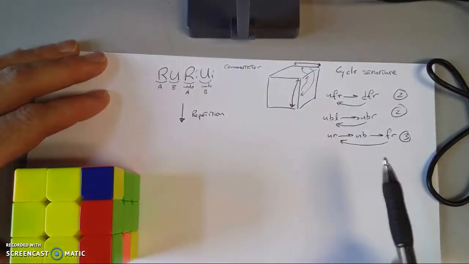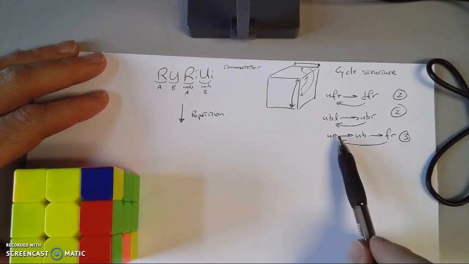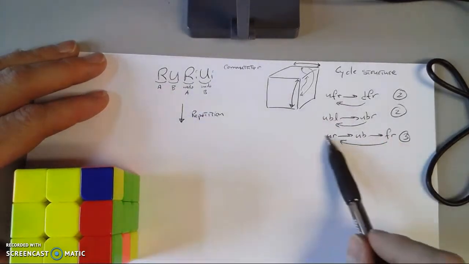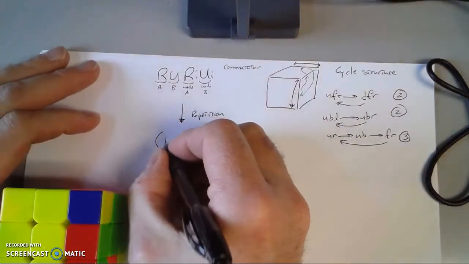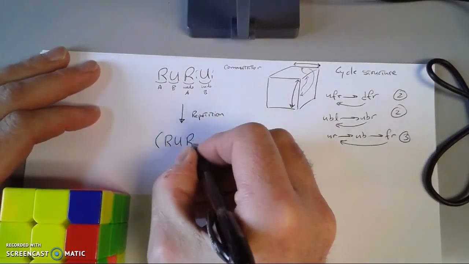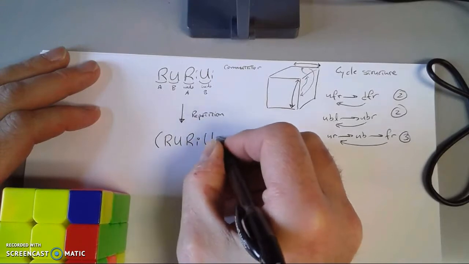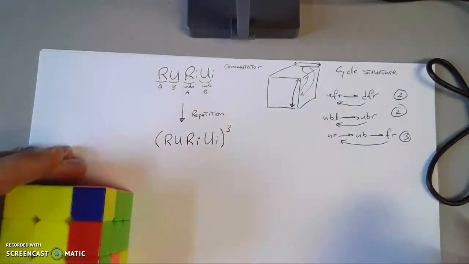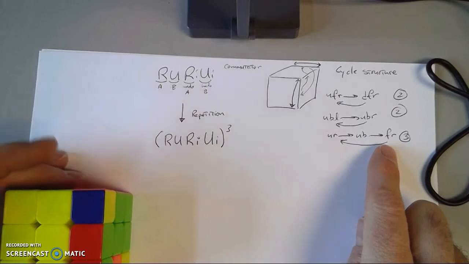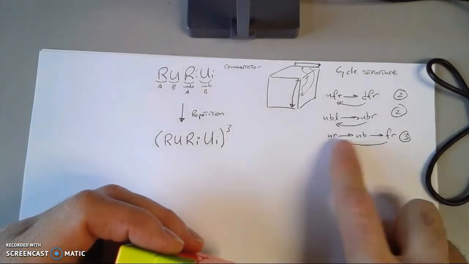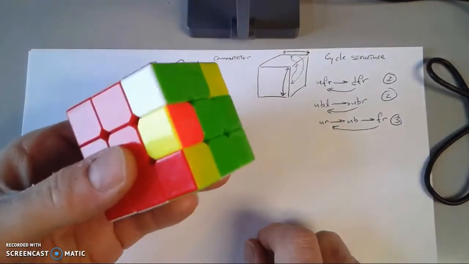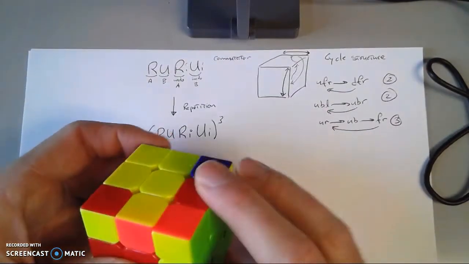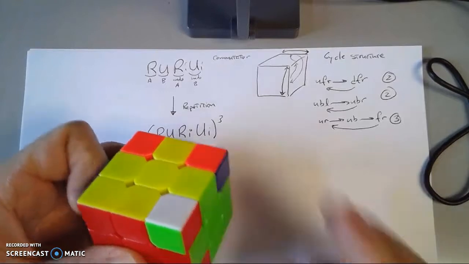Notice that if we repeat this 3 times, this 3-cycle of edges is going to get washed out. What do I mean by that? Well, let's take a look. If I do this 3 times, these edges are going to be back to where they started. So if I do this once, R U Ri Ui, R U Ri Ui.